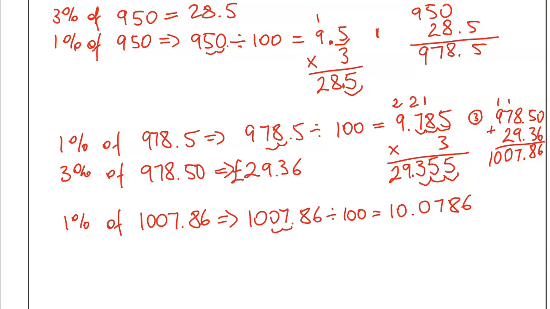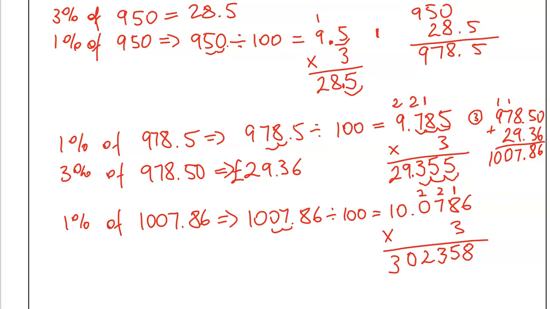Multiplying this by 3 will give us 3%, so times 3. 3 times 6 is 18, so 8 down and 1 is carried over. 3 times 8 is 24 and the 1 is 25, so 5 down and 2 carried over. 3 times 7 is 21 and the 2 is 23, so 3 down, 2 carried over. 3 times 0 is 0 and the 2 gives us 2. 3 times 0 again is 0. 3 times 1 is 3.